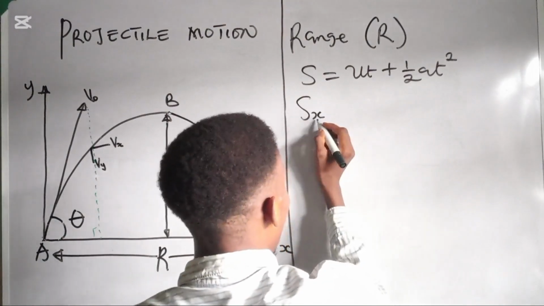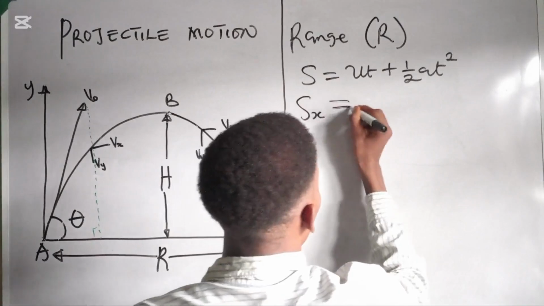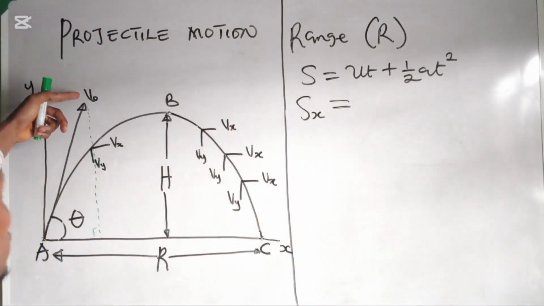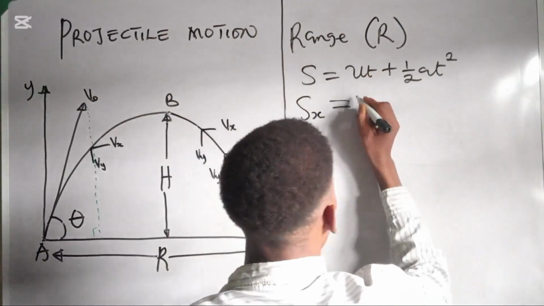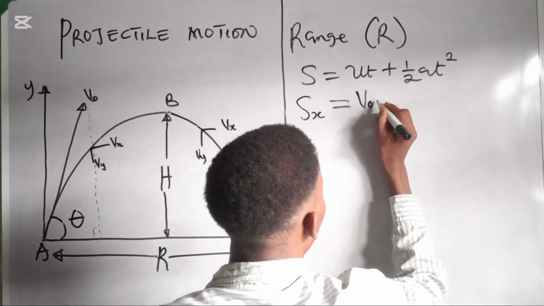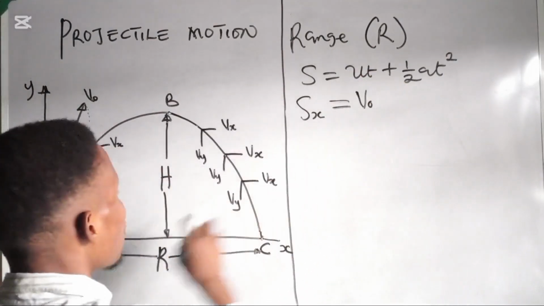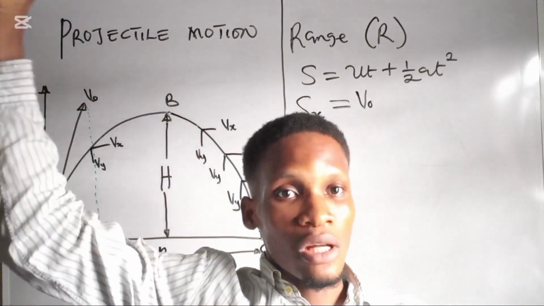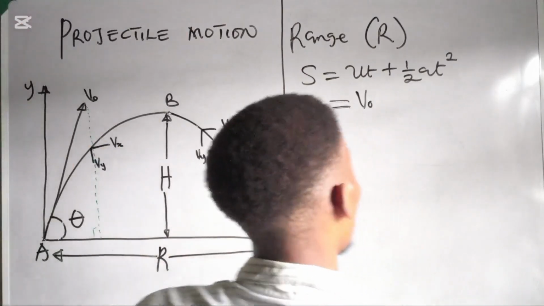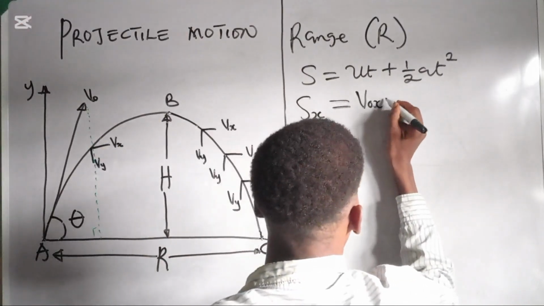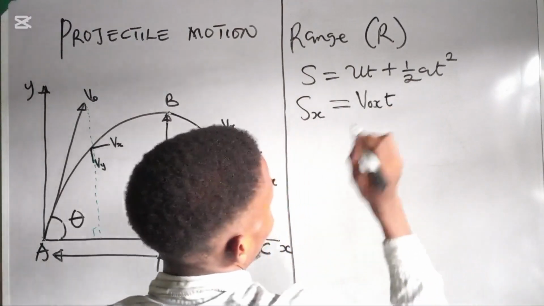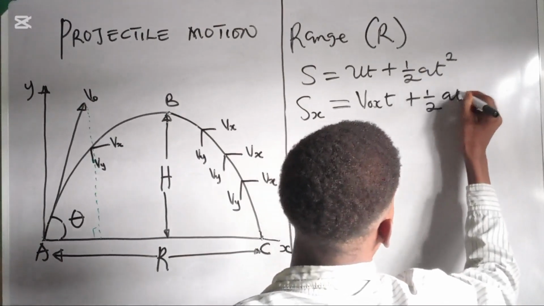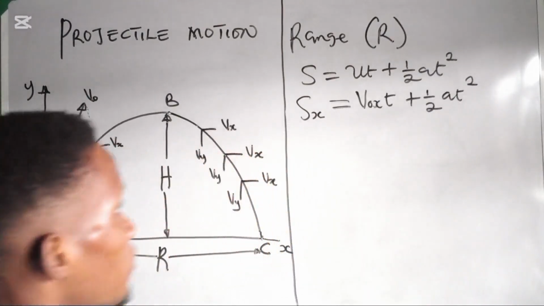That's why I'm writing Sx here. Then this u is the initial velocity, which I've given to you as V naught. Therefore, here should now be V naught, and we're considering the horizontal part, not the vertical part. So now it's going to be V naught x, then t. Then plus, we have half at squared.